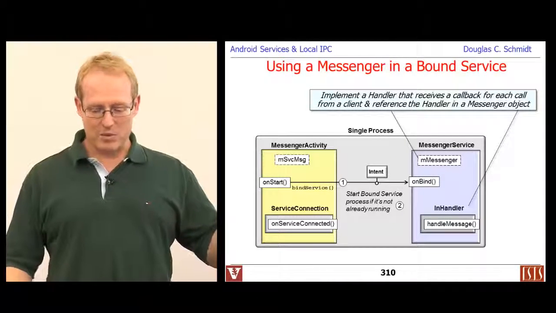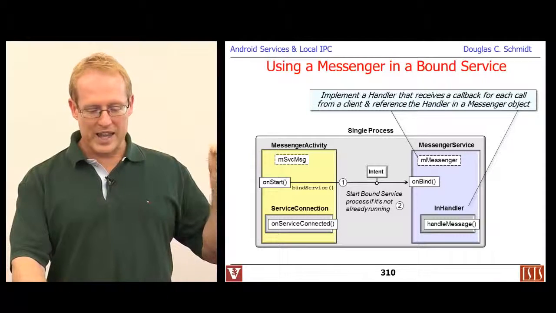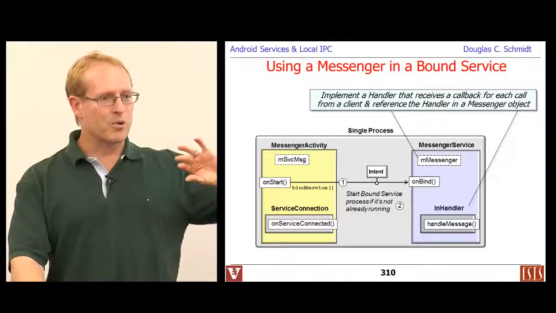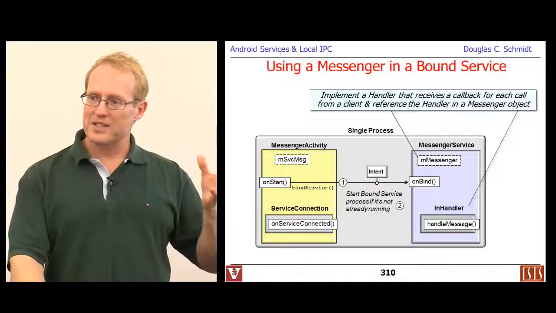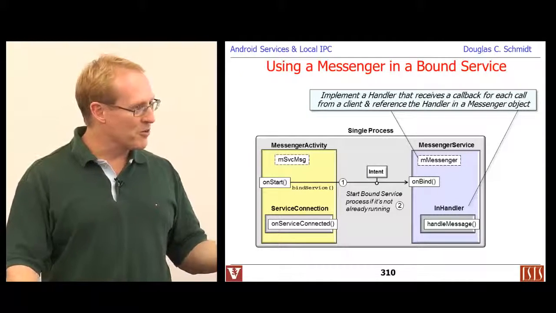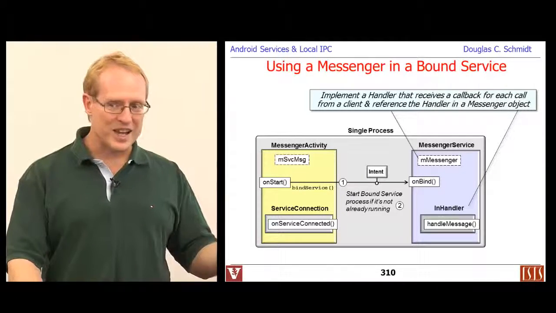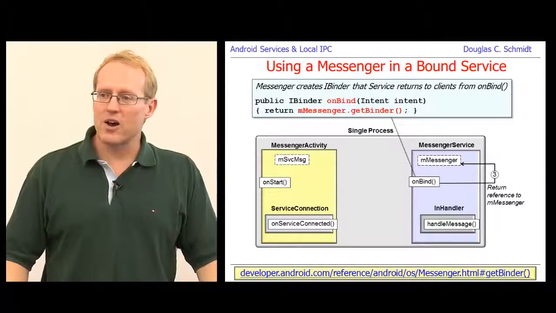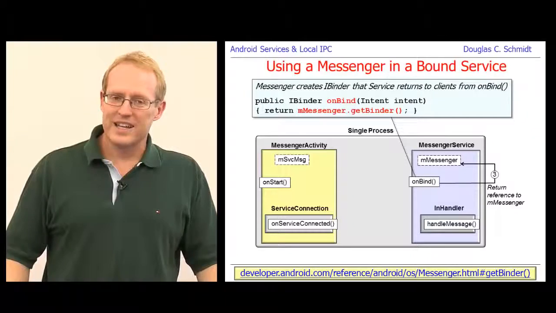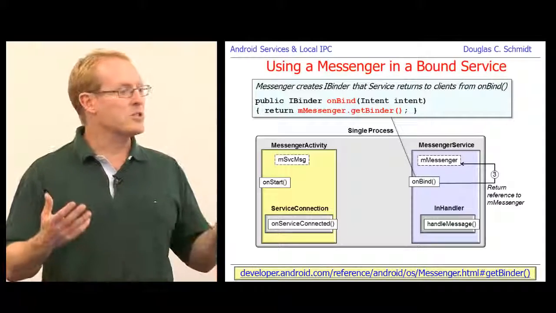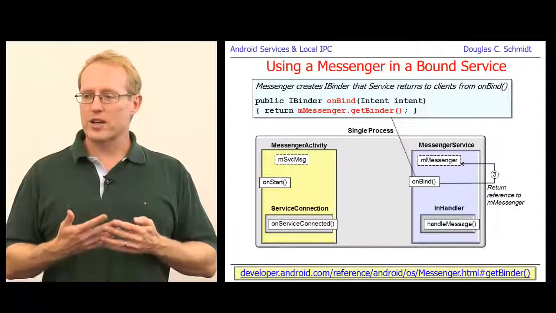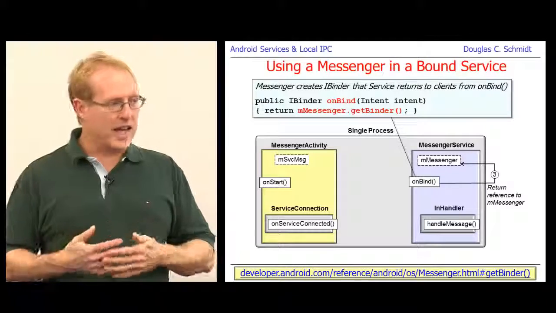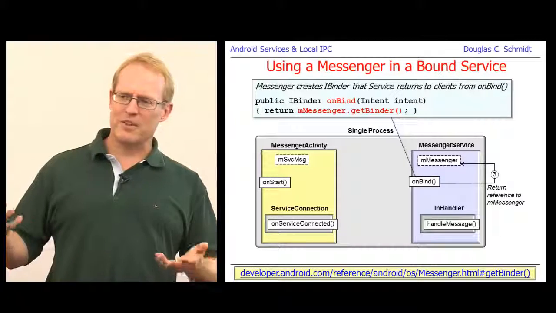Well, how's that going to happen? Well, we're going to create a handler, and then we're going to encapsulate that handler inside of a messenger, just like we did before, except this time it's on the service's side, not the activity side. So you can see here that the onBind method is going to say, hey messenger, please return a reference to yourself as a binder, which is kind of a funky thing to do.